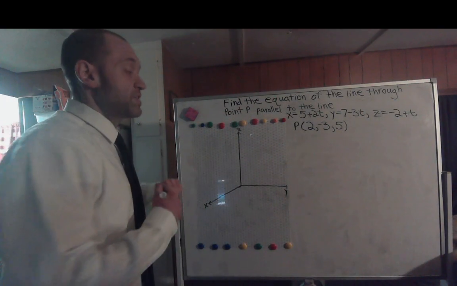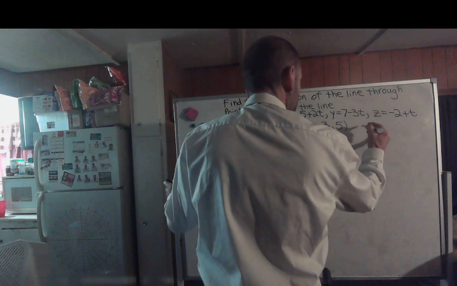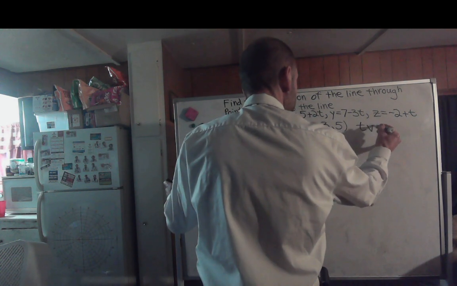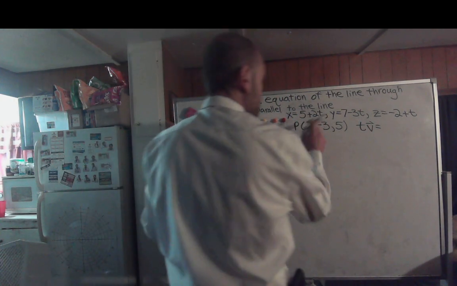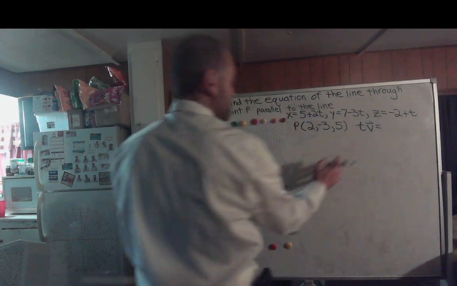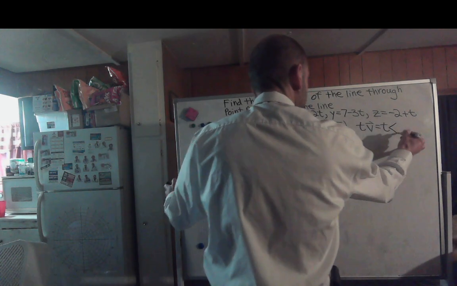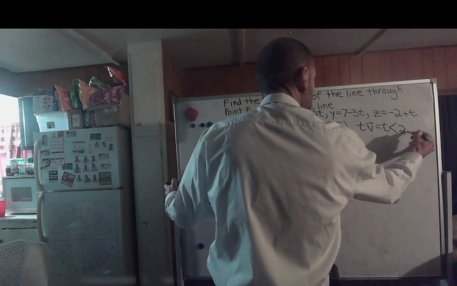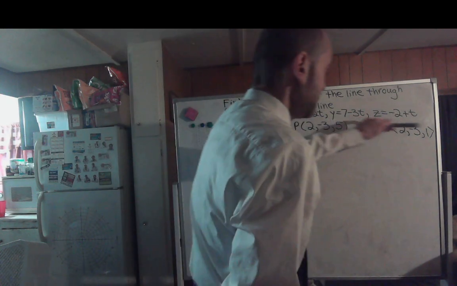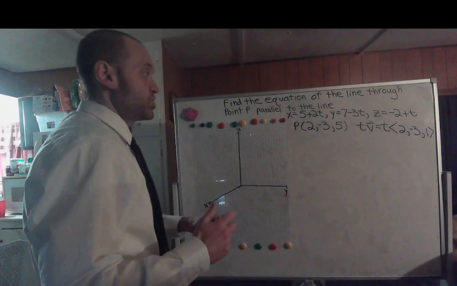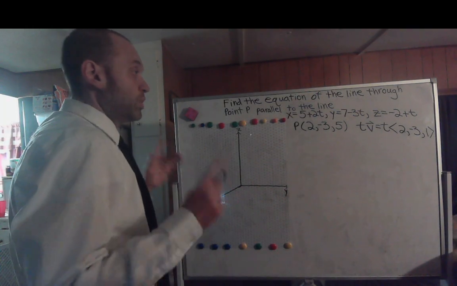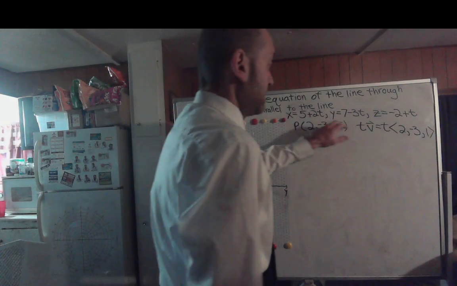So we can say this vector t times v, which we have right here for our direction numbers. You don't even care what the constant terms are. Just look at your coefficients on the t. This would be t times 2, negative 3, and 1, based on the coefficients of your t for each of these parametric equations.